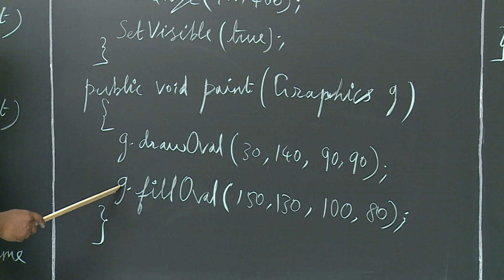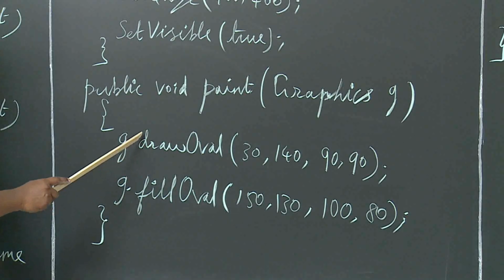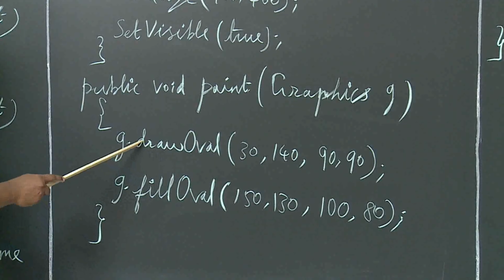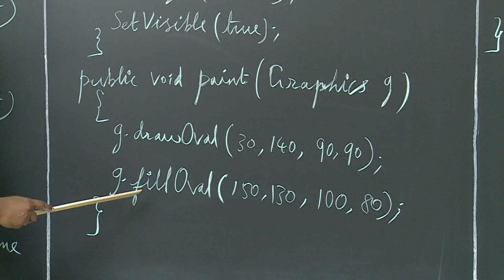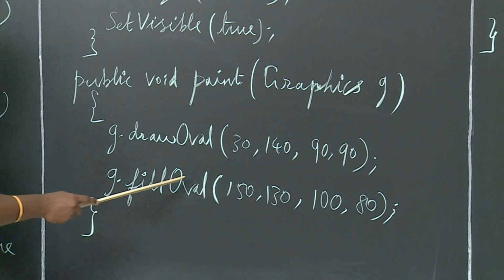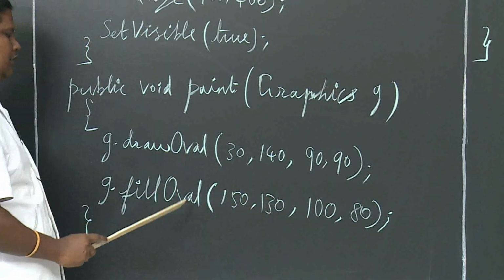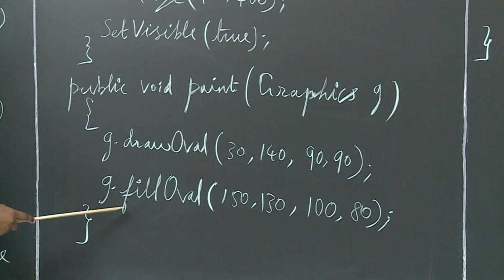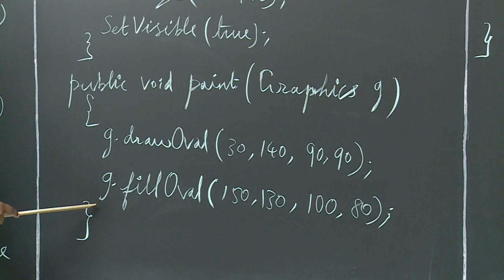Then again one more oval call with these parameters, but how is it different from the first function drawOval? The fillOval is going to fill the oval, along with drawing the oval symbol. So there is a difference between drawOval and fillOval. These two functions are included within the paint function.